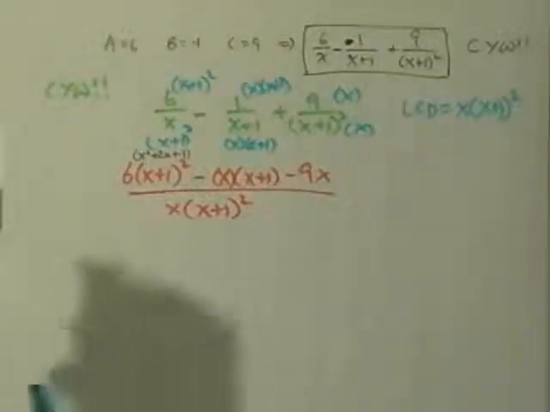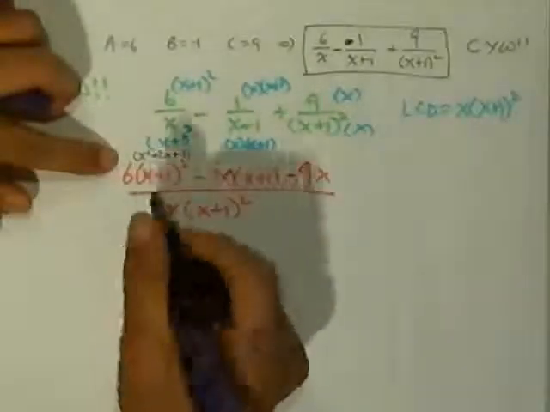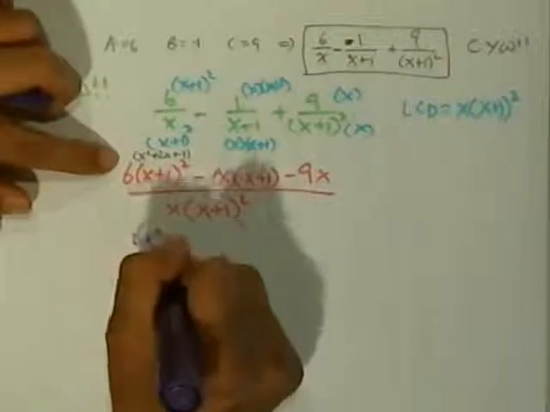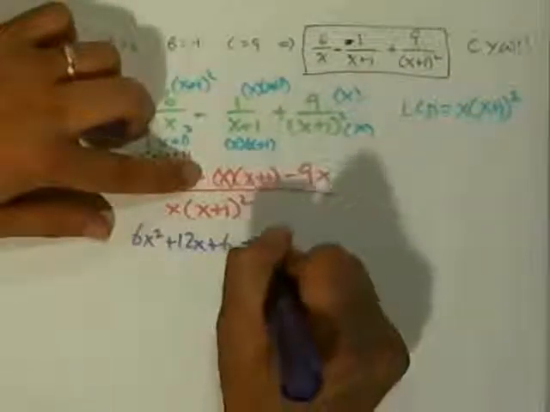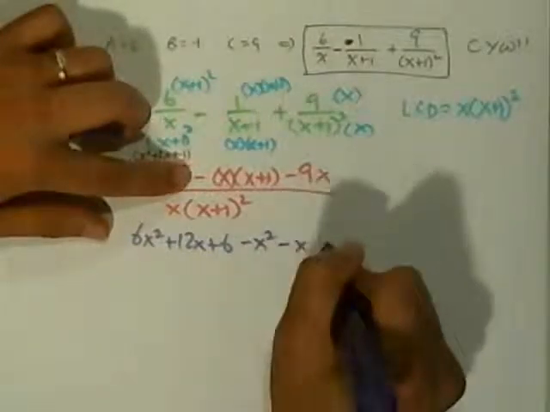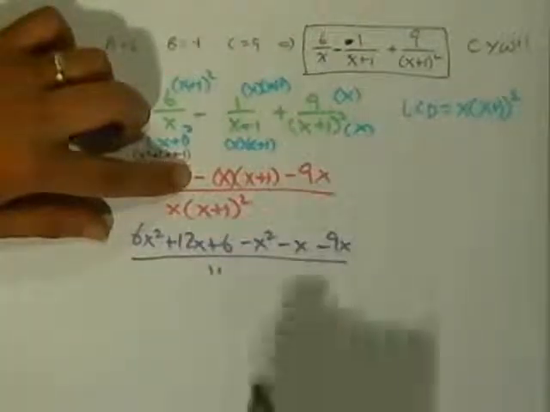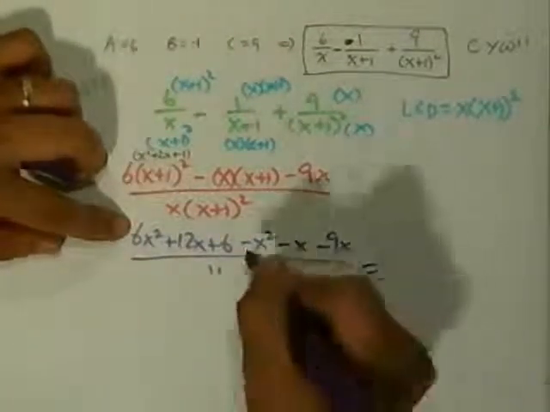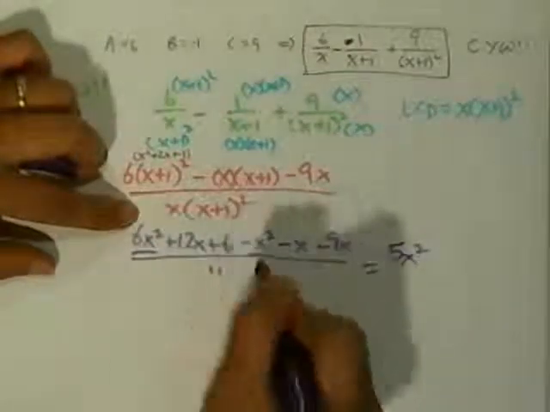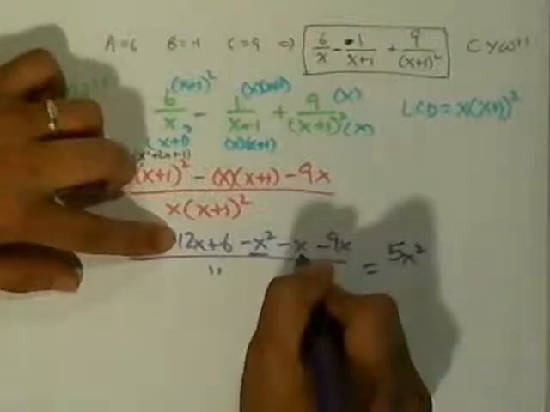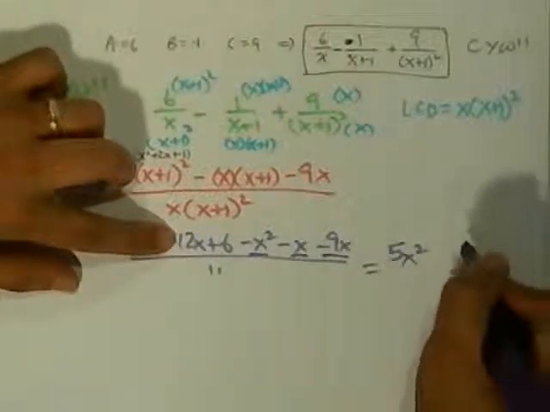That ends up with 6x squared plus 12x plus 6 minus x squared minus x minus 9x all over the common denominator. We're going to add like terms. 6x squared minus x squared is 5x squared. 12x minus x is 11x. Minus 9x is plus 2x.